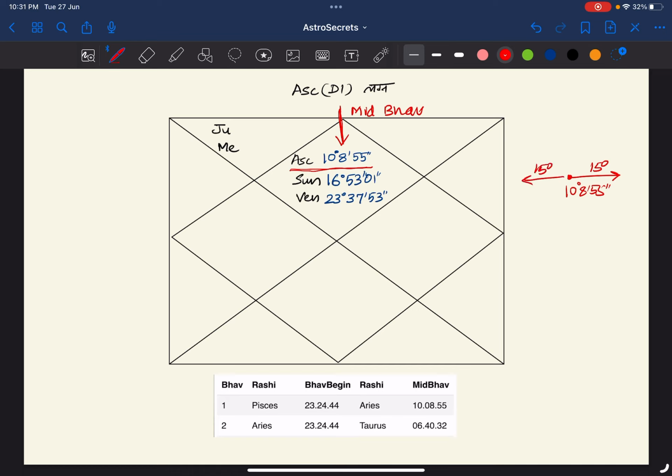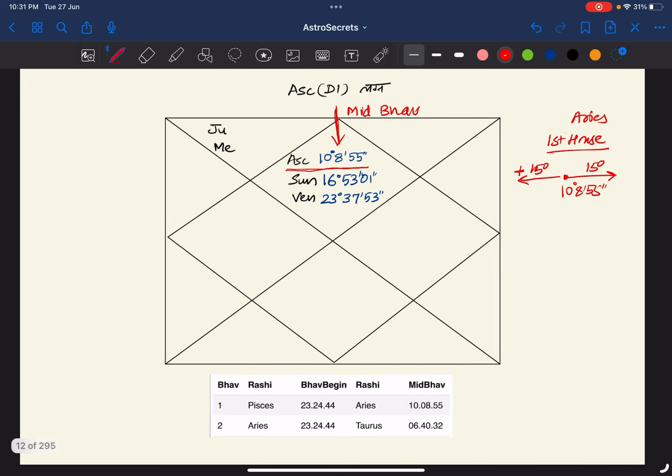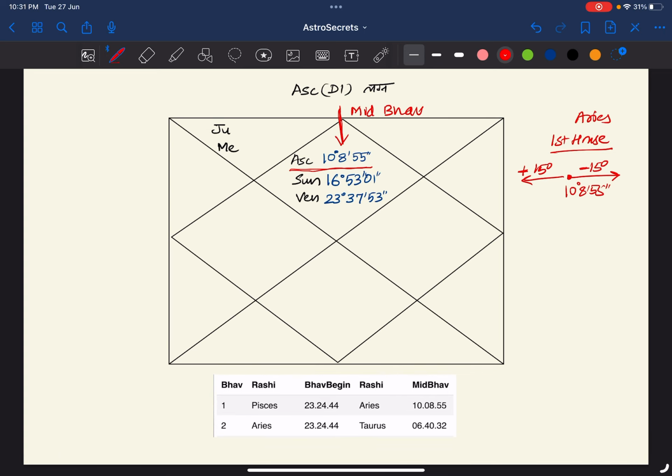This is the span of my first house, right? So the first house is what? Aries, right? If I want to calculate the first house span, on this side I have to add, and on this side I have to remove 15 degrees.